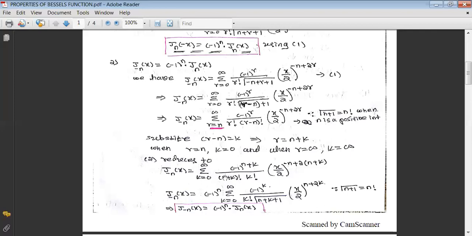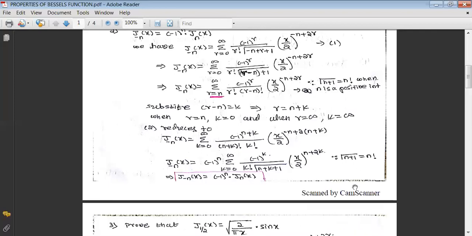Again, this n plus k factorial can be written in terms of gamma of n plus k plus 1 according to this result. And x by 2 is raised to minus n plus 2k plus n, that is 2k, because we have used gamma n plus 1 equal to n factorial. And this minus 1 raised to n is taken out.